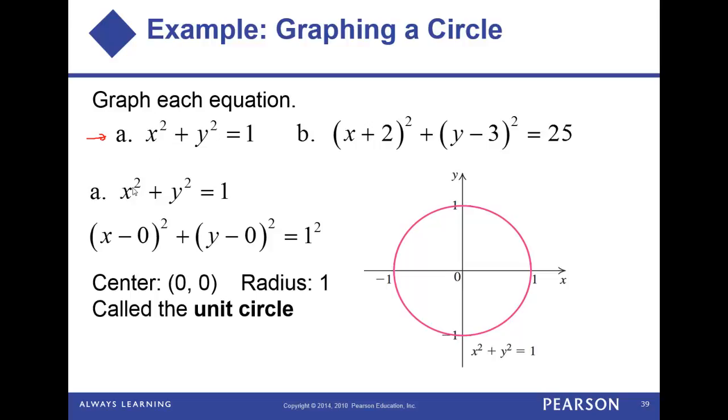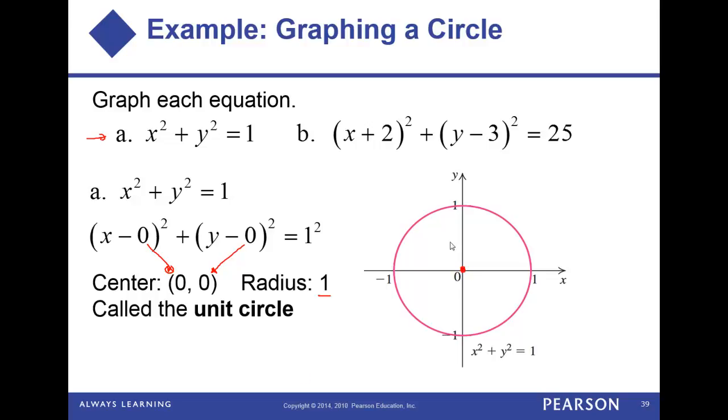If there's nothing past the x squared, nothing being subtracted or added, that means technically there's a minus 0 here. Again, if you just see a y squared, technically you have a y minus 0 squared. So the center is going to be 0, 0. Look over here. What squares to give you a 1? Well, obviously it's 1. There's my radius. And so the center is here.